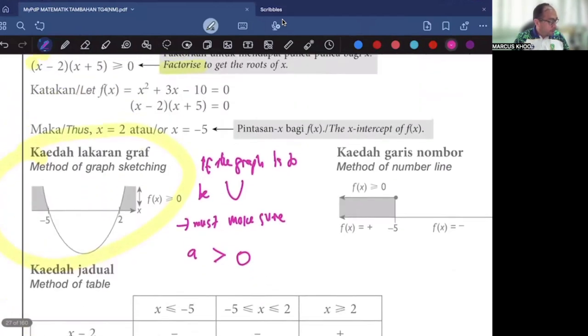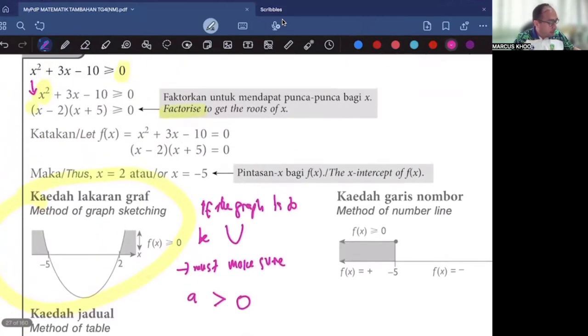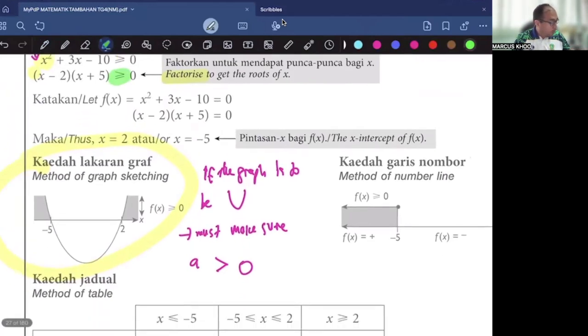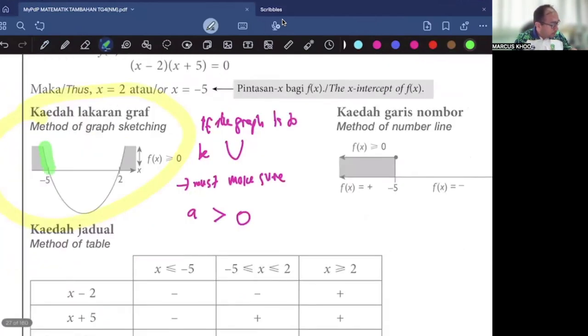Now, since our inequality is more than 0, we want to find which part of the graph is bigger than 0, which is above the x-axis. This particular part over here is more than 0.